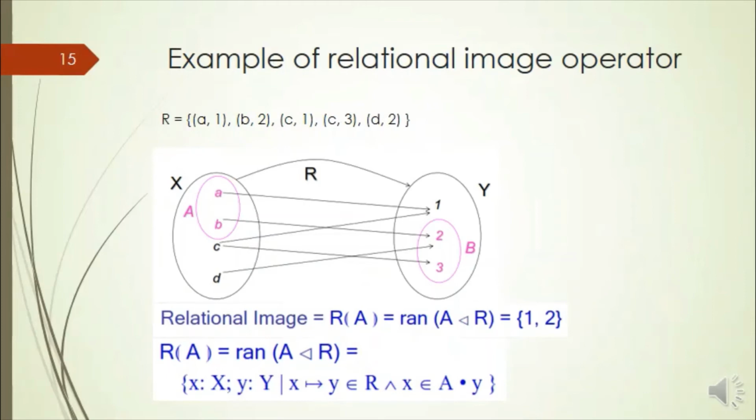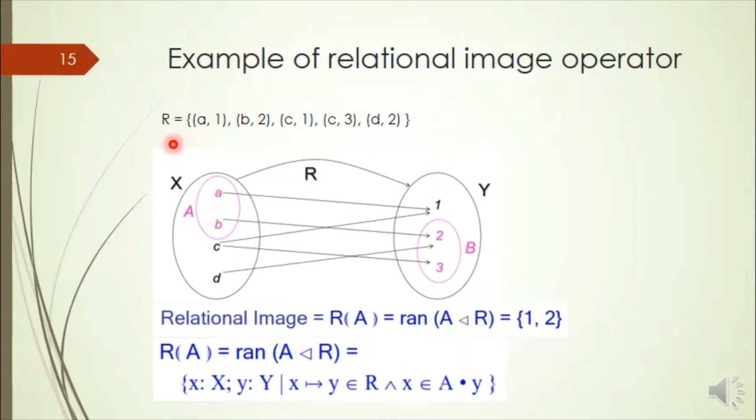Students, as I mentioned in the last slide, the relational image operator has two arguments. Its first argument is a relation and its second argument is a set whose images are needed.